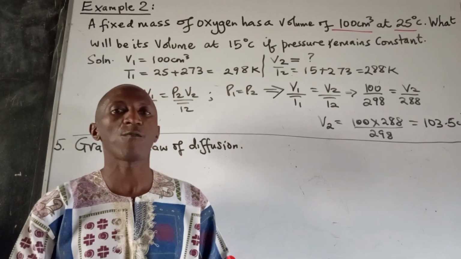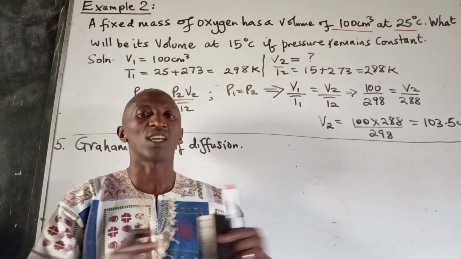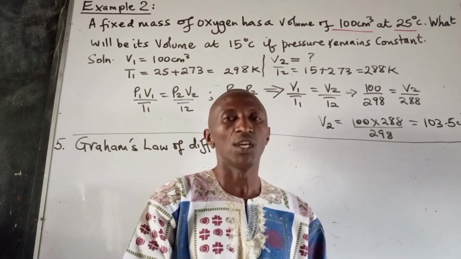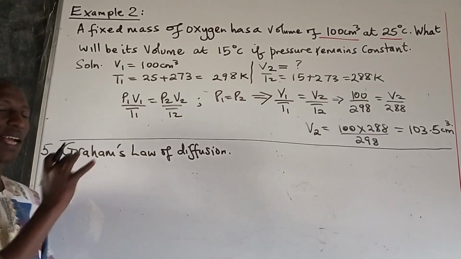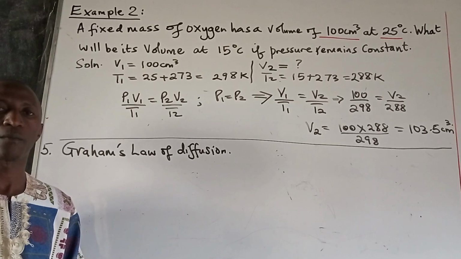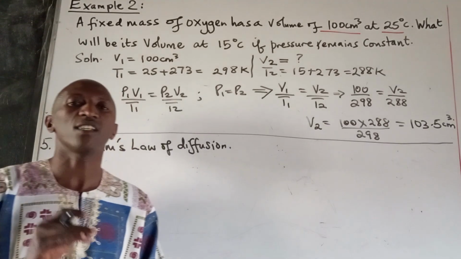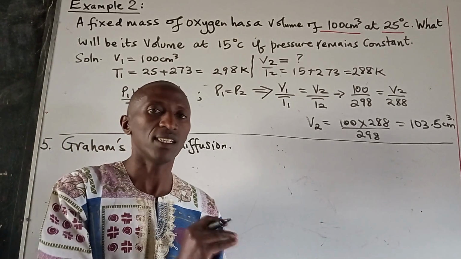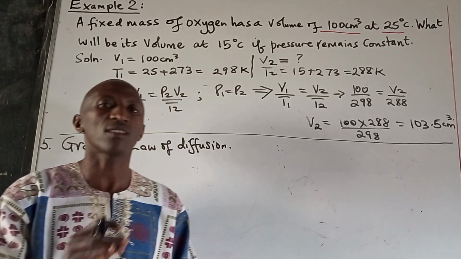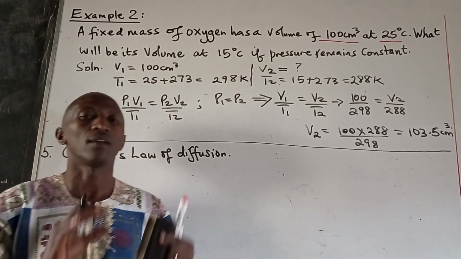Diffusion is the movement of particles from their region of high concentration to their region of low concentration. So this gentleman called Graham discovered that when gases diffuse, the rate of diffusion is inversely proportional to the square root of their density at constant temperature and pressure, keeping those two conditions constant.